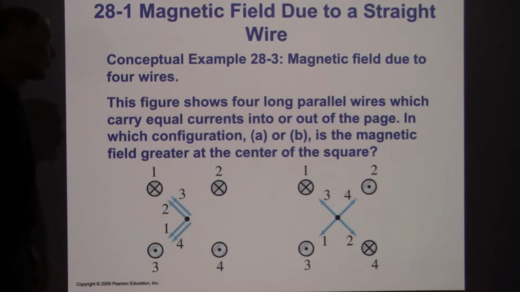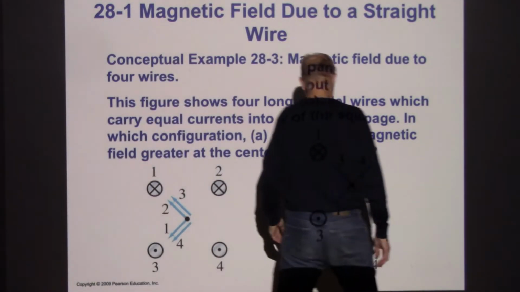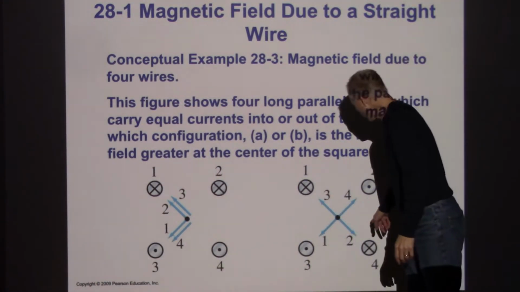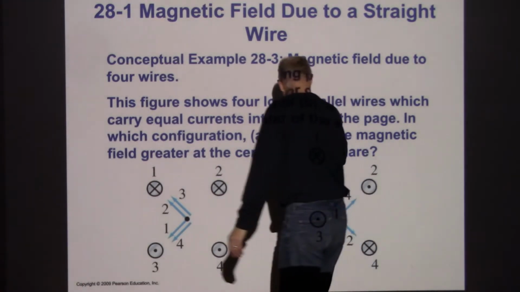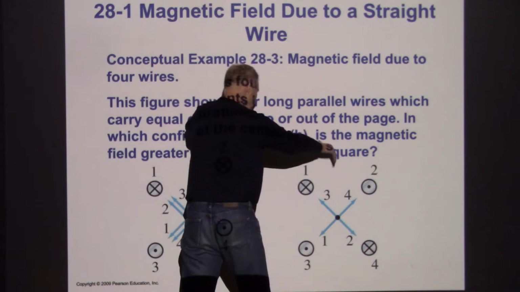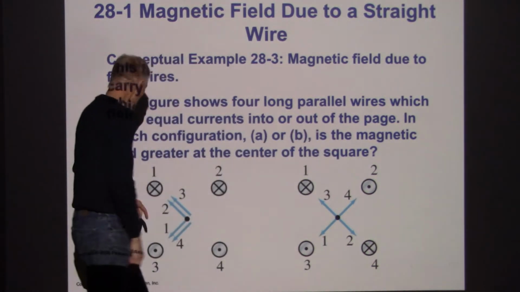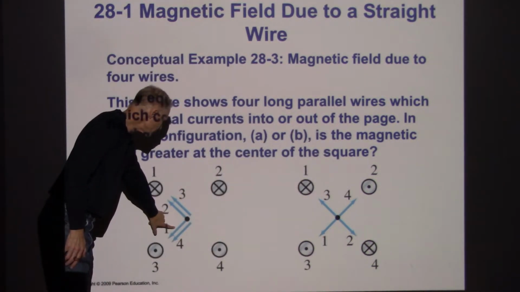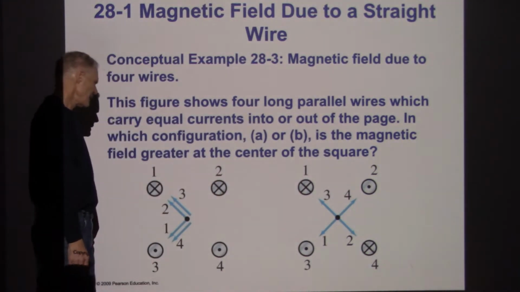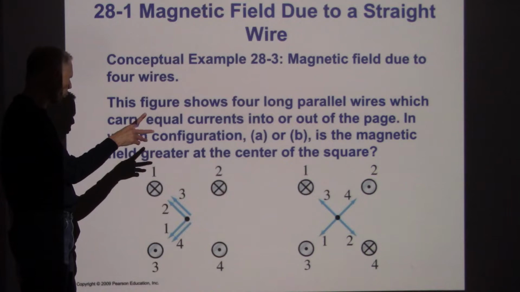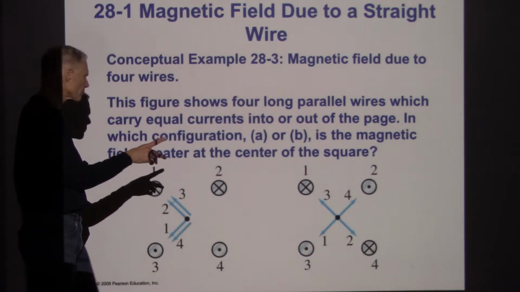And here, when we go through and we sample the direction, let's just try one of these. So one is going into the board, and so it says that the right hand, oh, that hasn't changed. So the magnetic field 1 is going to be the same in both diagrams. It's 2 and 4 that switched, right?